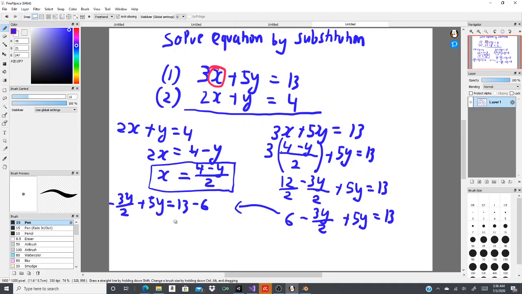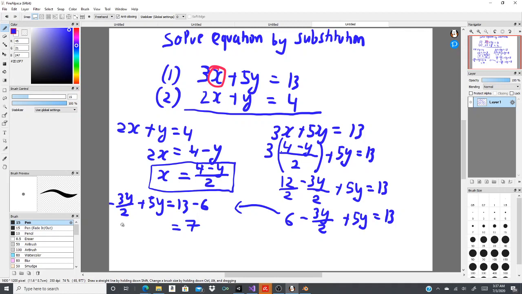Now from here we need to add those two constants at the right side, which will be 7, subtraction, and then the y terms at my left, we need to add them.